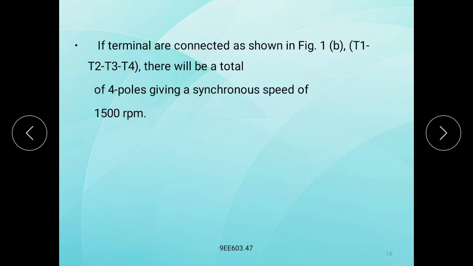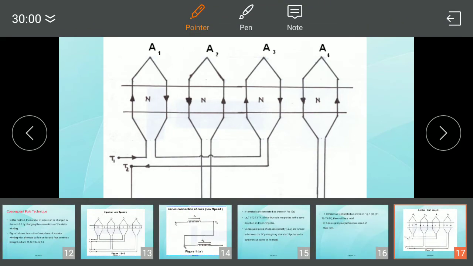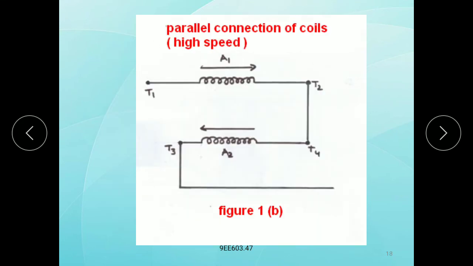If terminals are connected as shown in the other figure, there will be a total of 4 poles giving a synchronous speed of 1500 rpm. This is the parallel connection of coils for high speed.